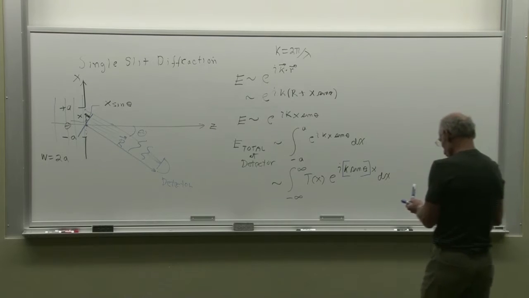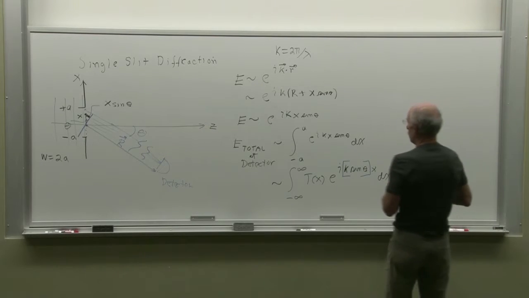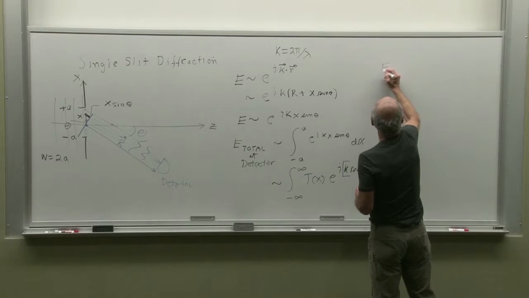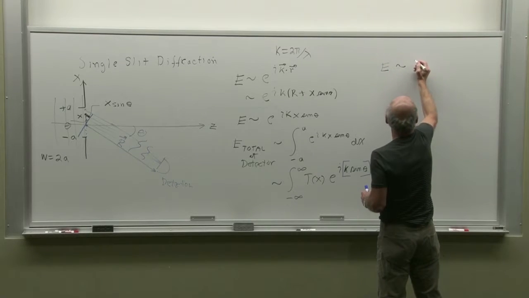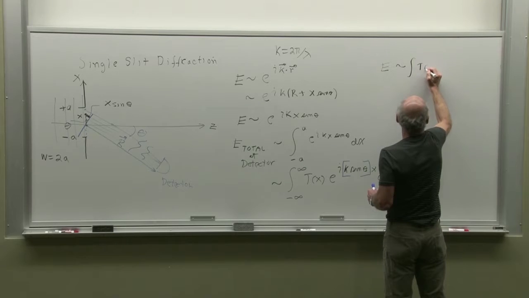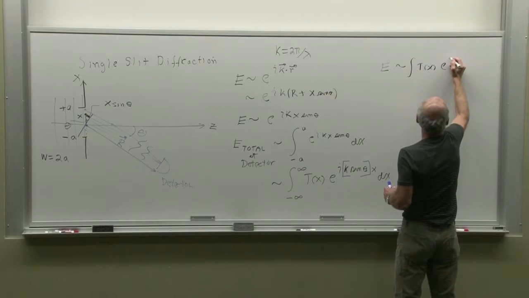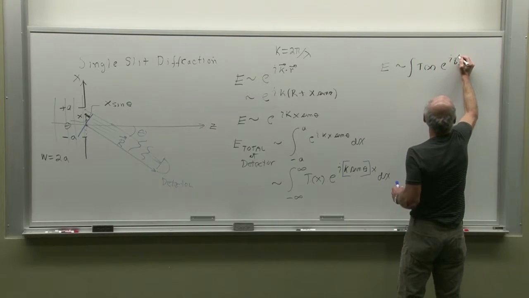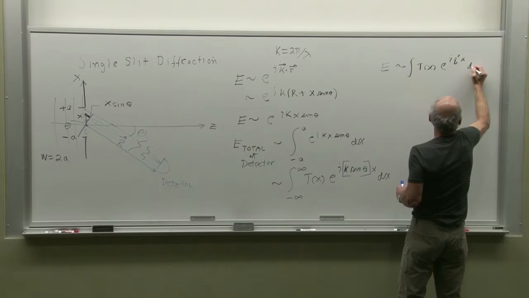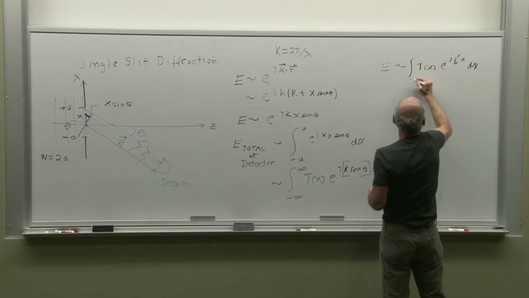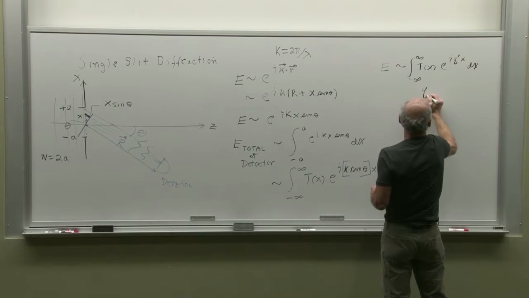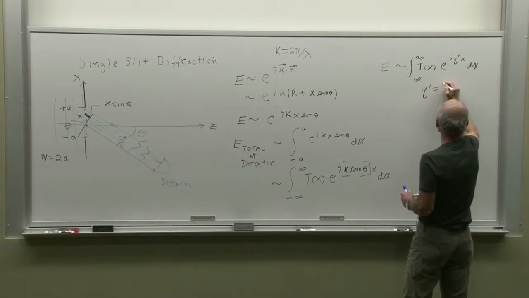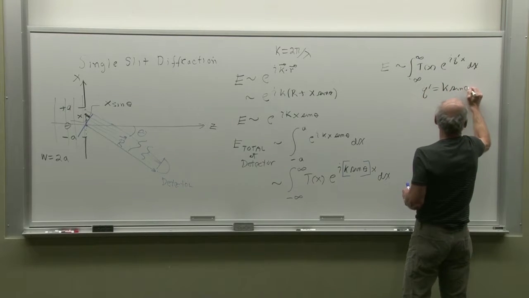So I guess come up here, complete the board. I've got at the detector, I've got the transmission profile, I've got e to the i q prime x dx, where q prime is k sine theta.